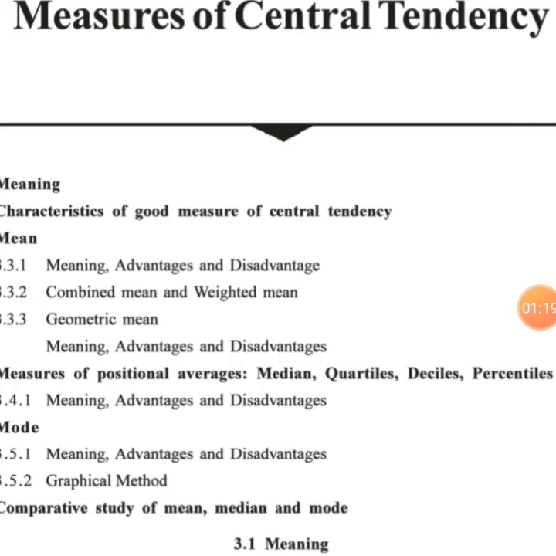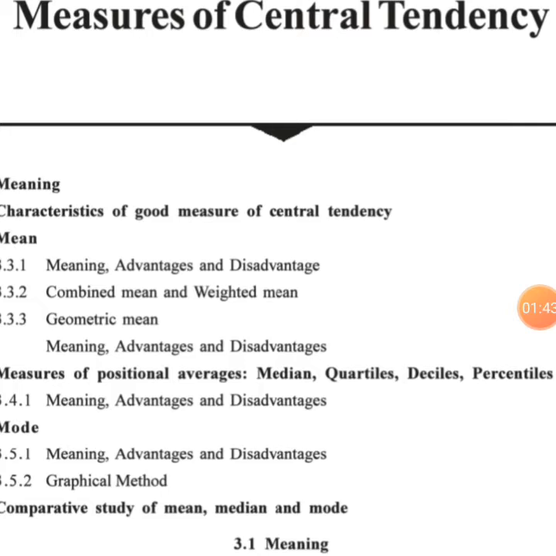Over here, as measures of central tendency, we are going to learn the mean, median and mode. We are also going to study the advantages and disadvantages of mean. We will also see what we mean by combined and weighted mean, what we mean by geometric mean, and the positional averages, where we are going to talk about the median.